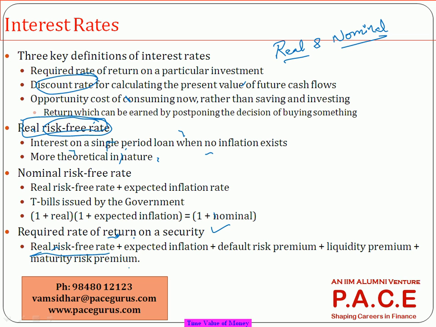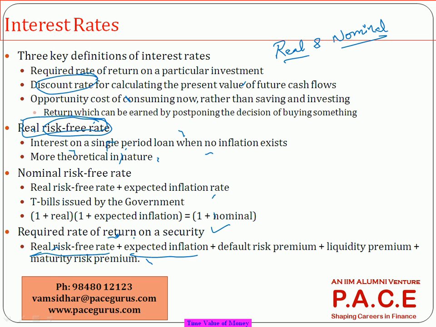There is a real risk-free rate. There is some inflation expectation. The real risk-free rate is probably a virtual thing. Plus, if I am adding expected inflation, it's at least the nominal risk-free rate. The first two things put together are the nominal risk-free rate.